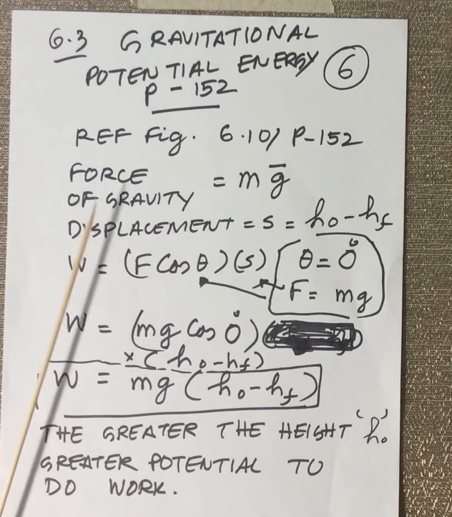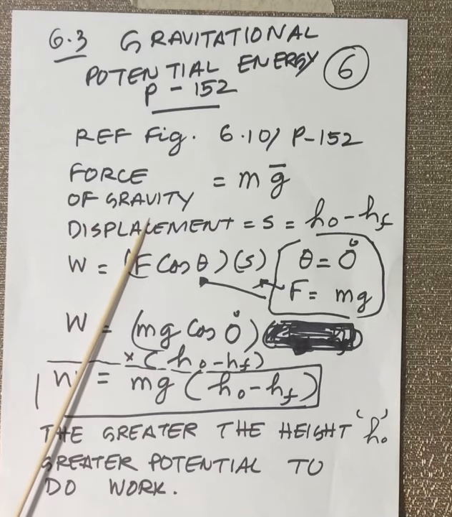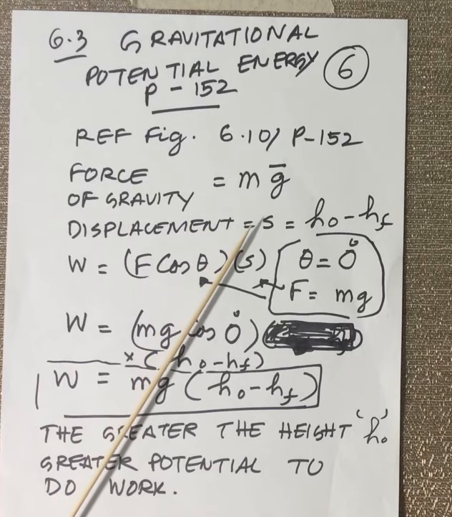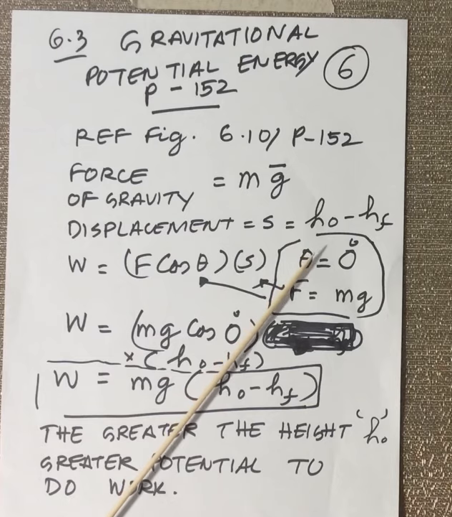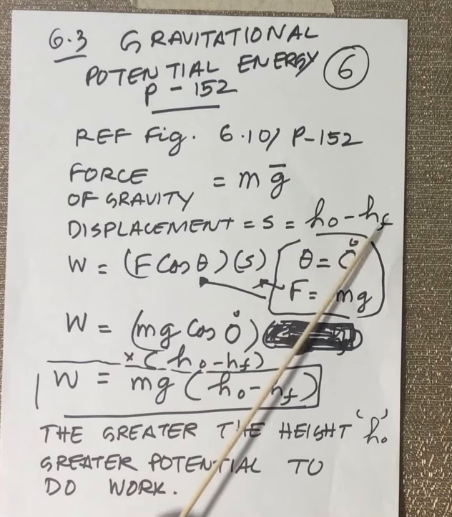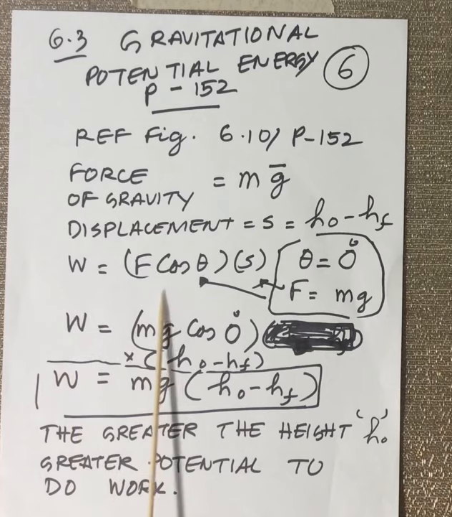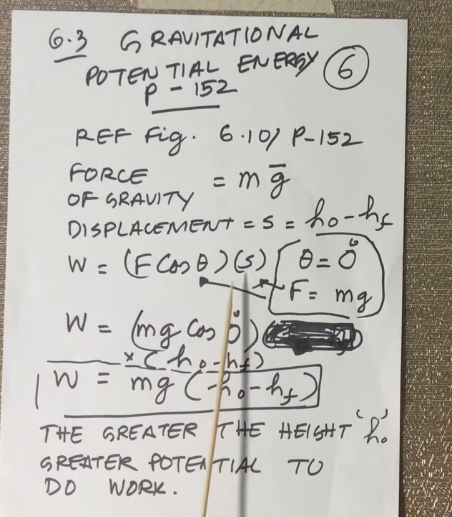So we have now force due to gravity, which is mass times acceleration due to gravity, and displacement, as you see in that figure, we have initial height take away the final height, so that's the difference. Now we already defined work equals F times cosine theta times S.